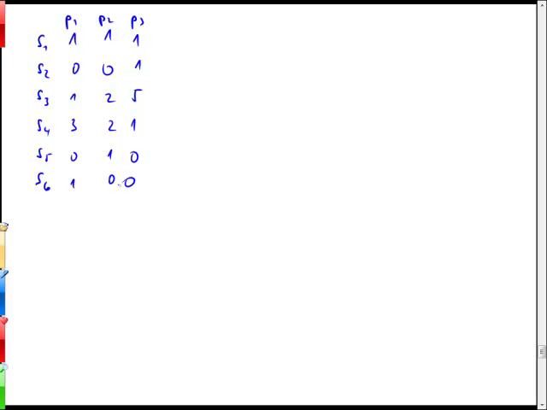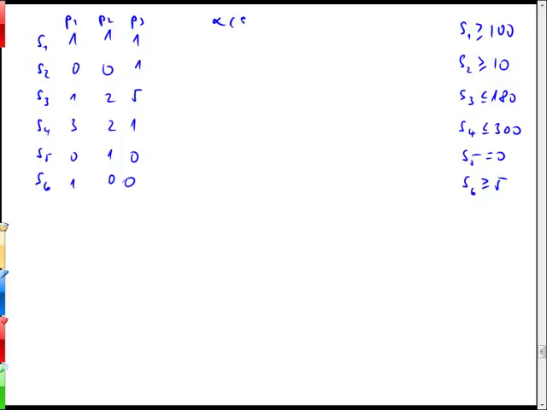Okay. The constraints, the bounds on the variables, and initially everything is 0 again.